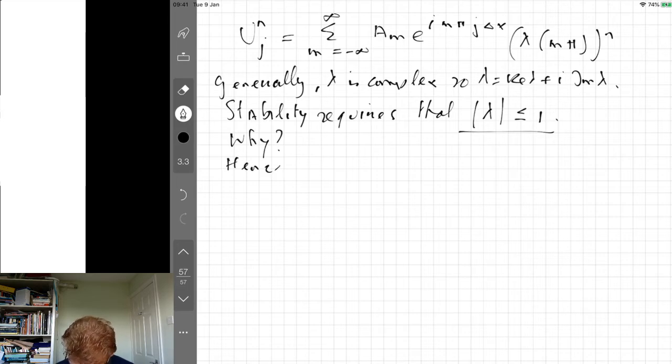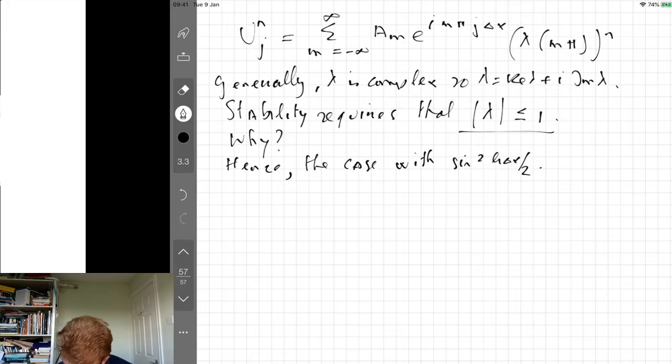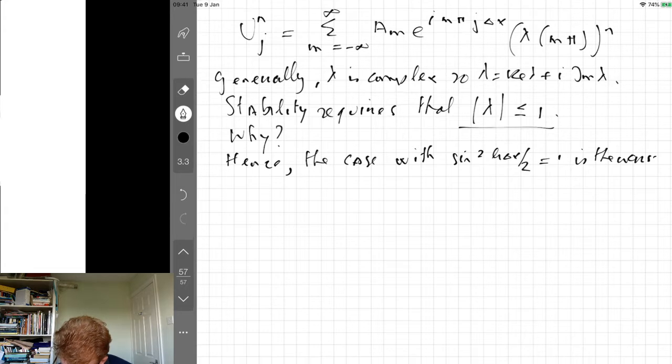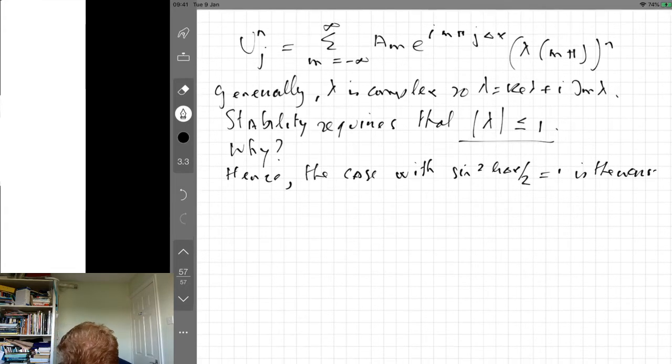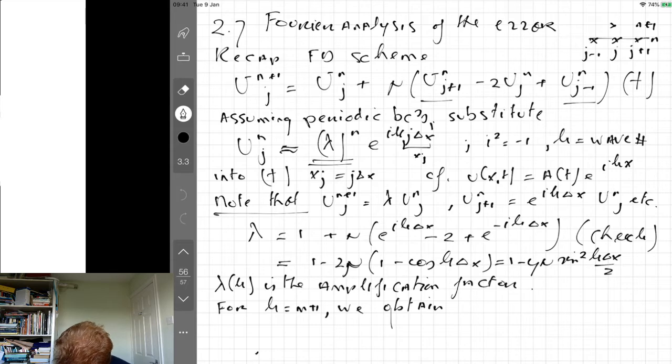Hence the case with sine squared of k delta x over 2 equal to 1 is the worst. So you pick the wave number k which is the worst, for which sine squared is 1.